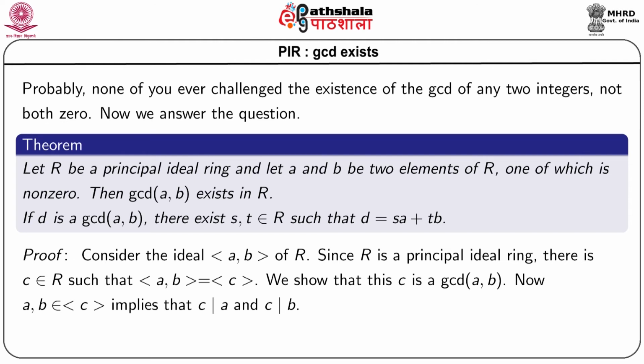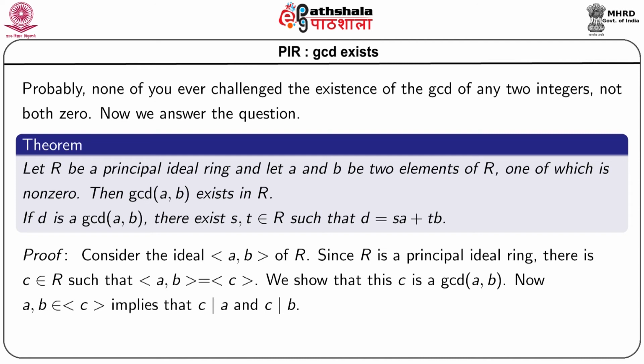Consider the ideal generated by A and B. Since every ideal of R is a principal ideal, there is some C in R such that the ideal generated by A, B can also be generated by C. Here we show that this C is a GCD of A, B. Note that since at least one of A and B is non-zero, C is also non-zero.